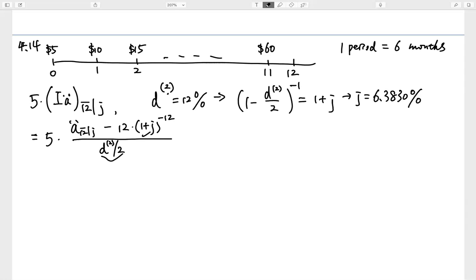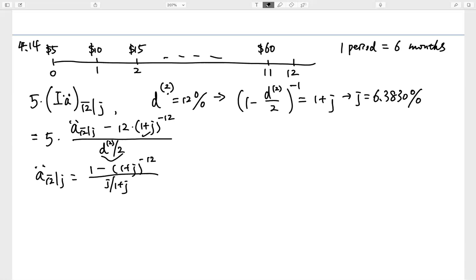We just don't know this annuity due. This is the present value, so it's 1 minus (1 plus j) to the power of -12, divided by the corresponding discount rate. Now, if you want, you can even do j over 1 plus j, but you would know this is the same as 6%.